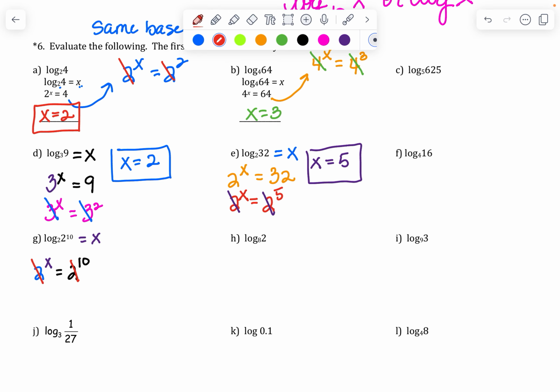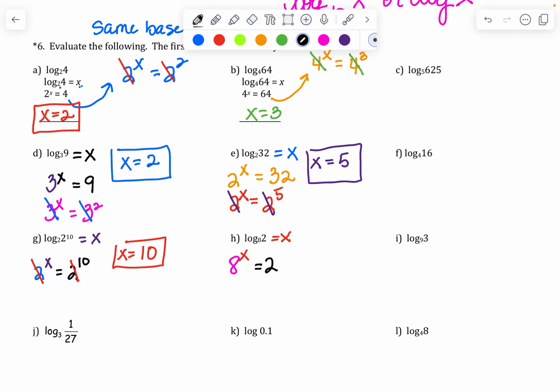Okay, next one. We're going to do this one. So set it equal to x. Rewrite it without the word log. So 3 to the x power equals 1 over 27. We don't want that. We want them both to be 3s.